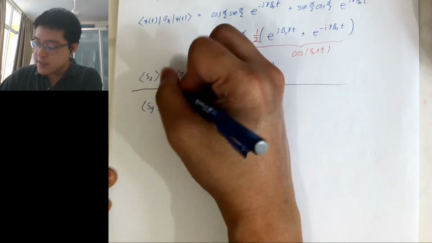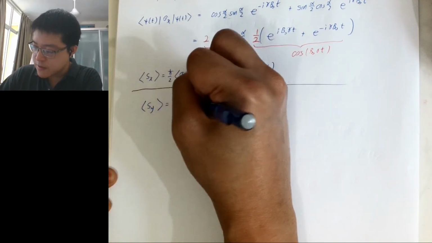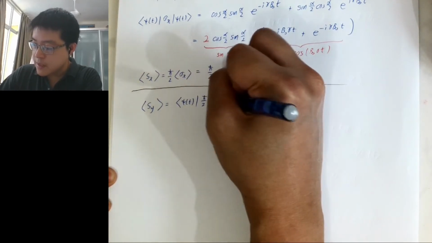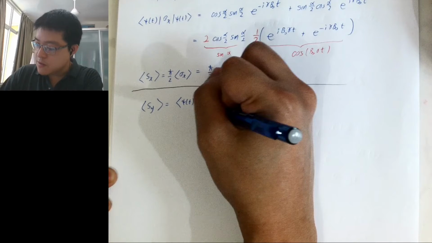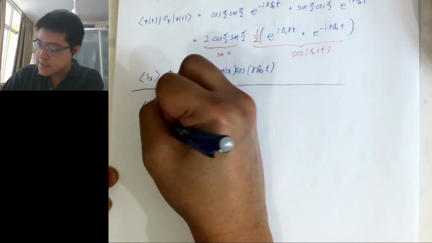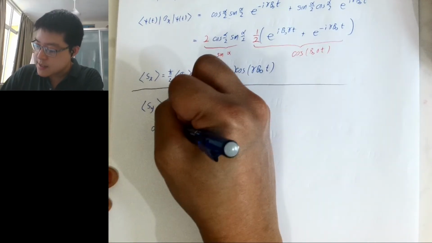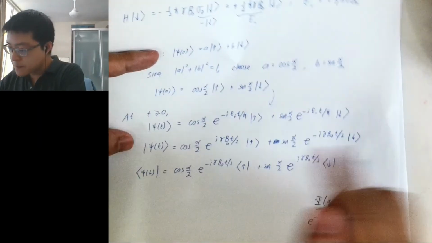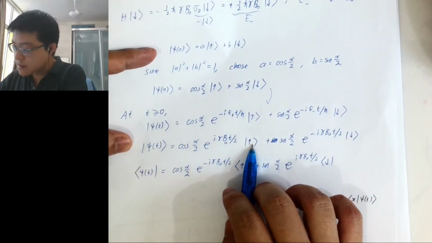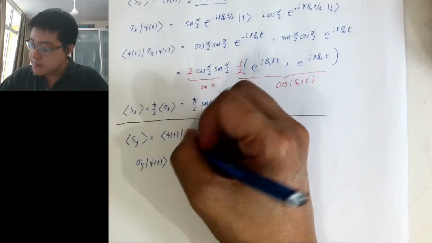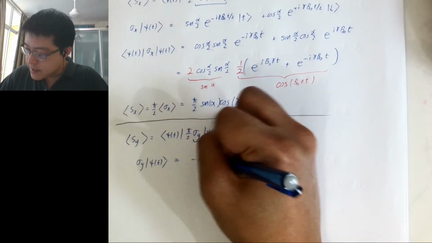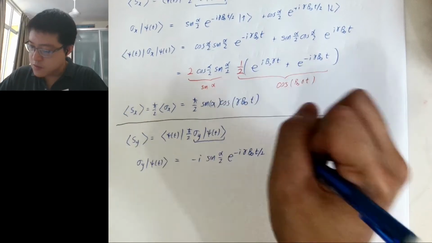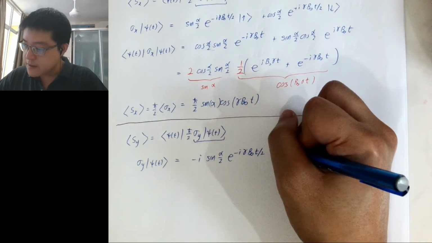So now that you get the idea, we can just quickly continue to calculate Sy. We still want to calculate the same state, therefore it is h bar over 2 sigma y psi t over here. So we start by calculating this first. What is sigma y acting on psi t? My sigma y is negative i down, acting on down is here, so I get negative i sine alpha over 2 e to the minus i gamma B0 t over 2, and then left behind with up.